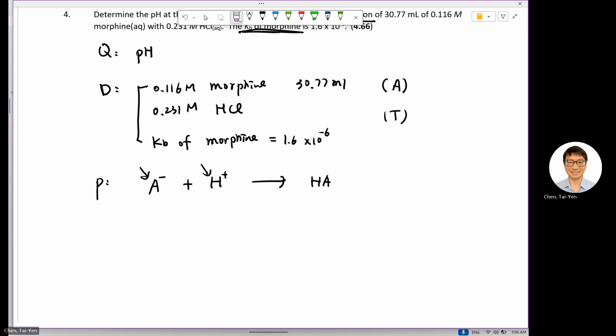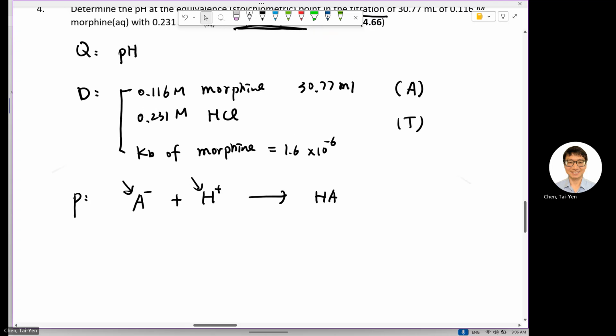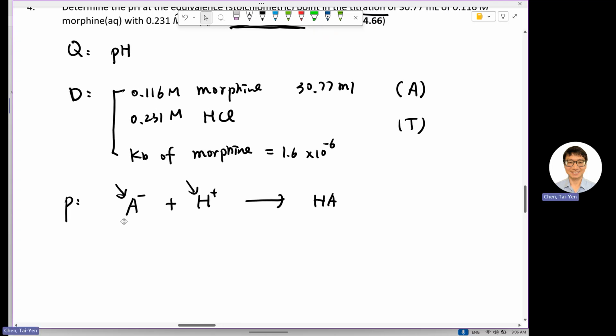First, how to calculate the moles of your analyte? The molarity times your volume, which is 0.116 times 30.77.